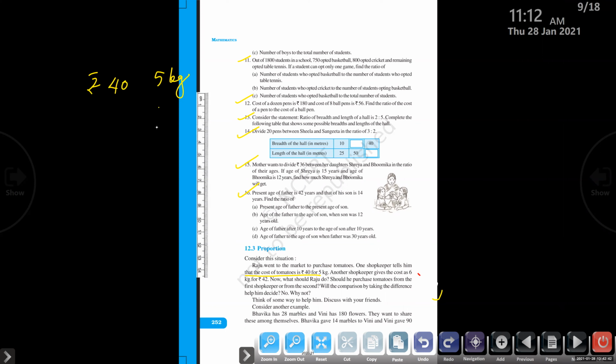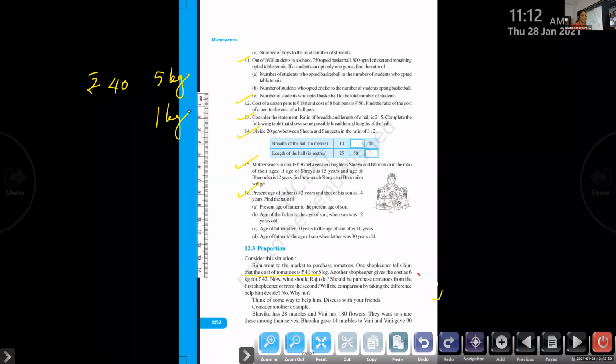So what is 1 kilogram's cost? Rupees 40 for 5 kilograms.